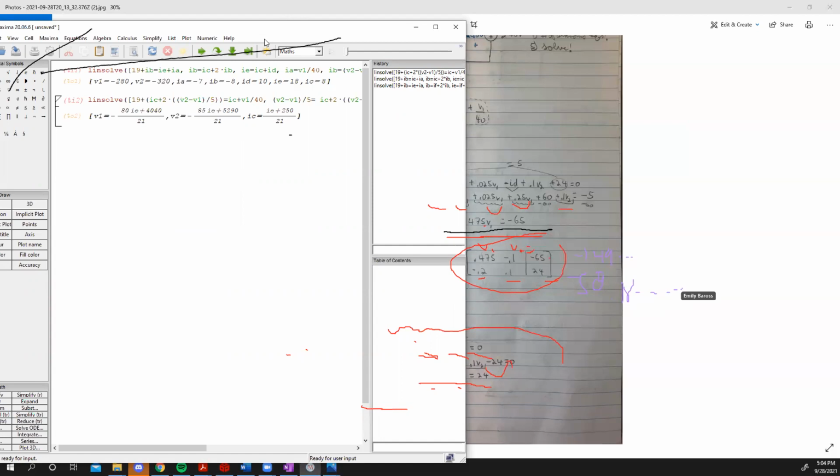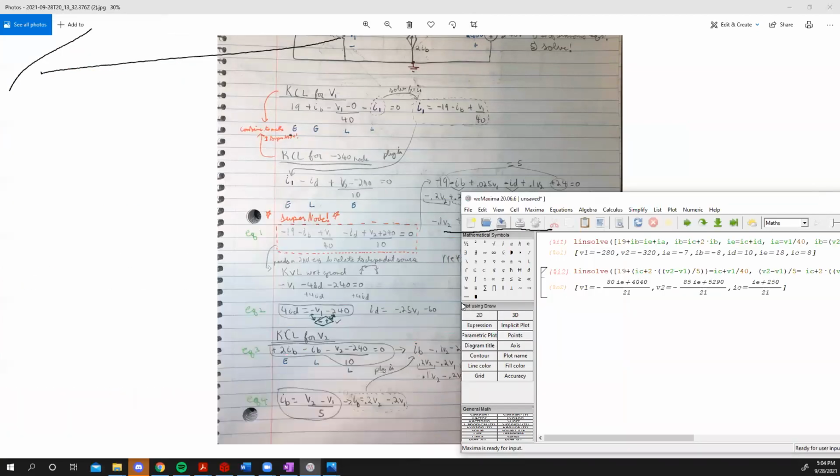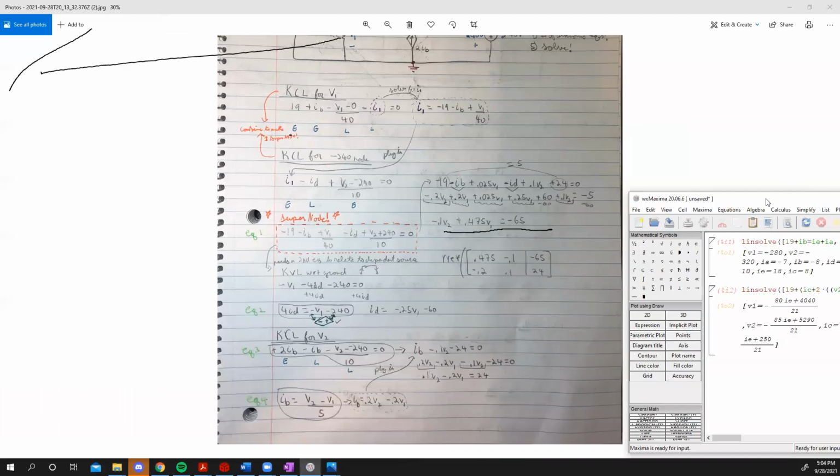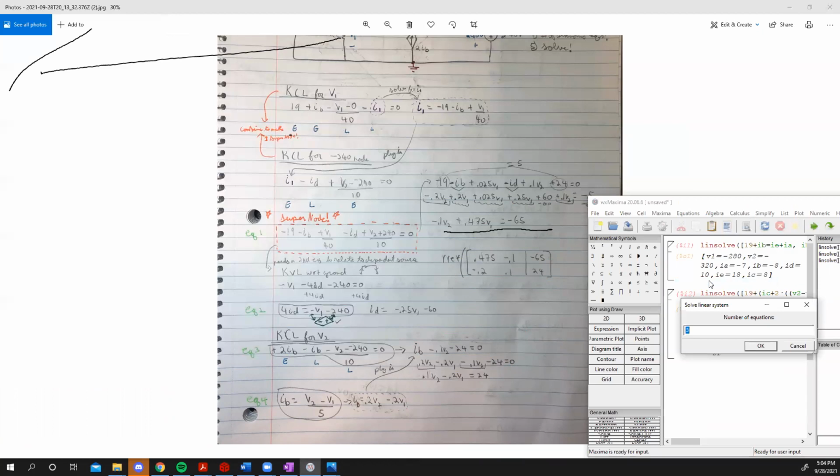Okay. First of all, let me double check that. Equations for linear system. Oh, what am I doing?